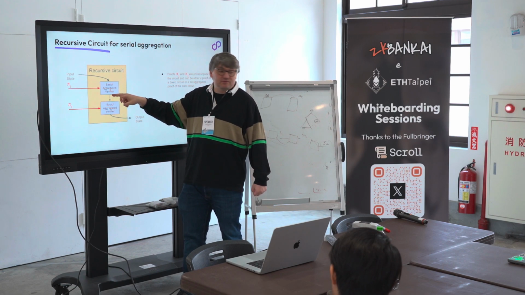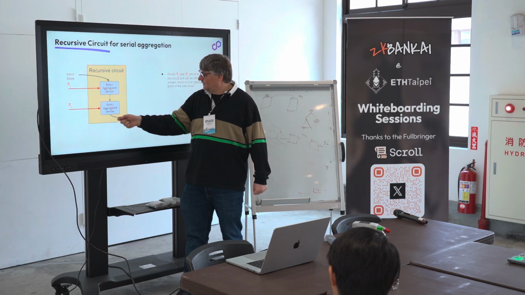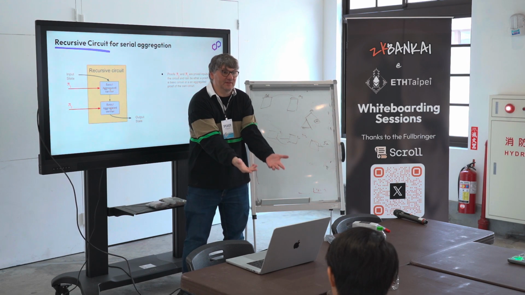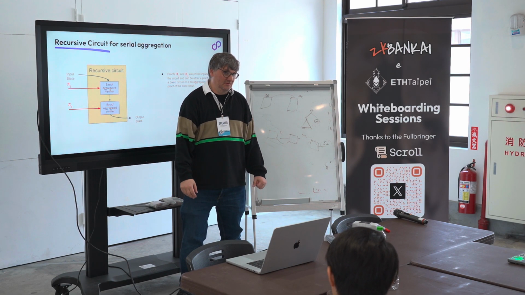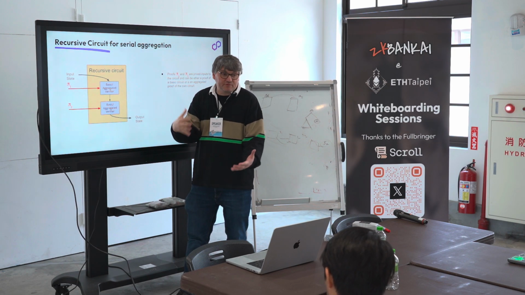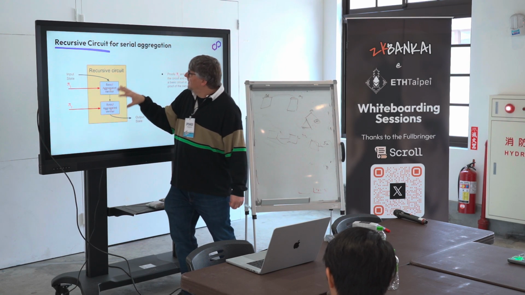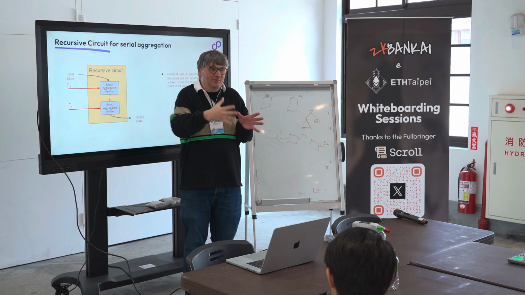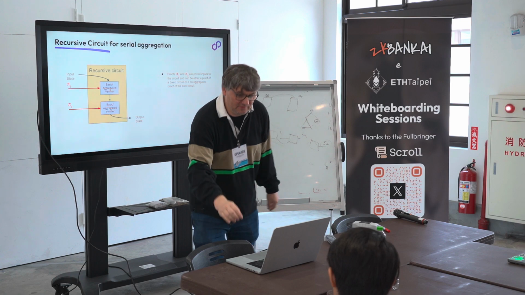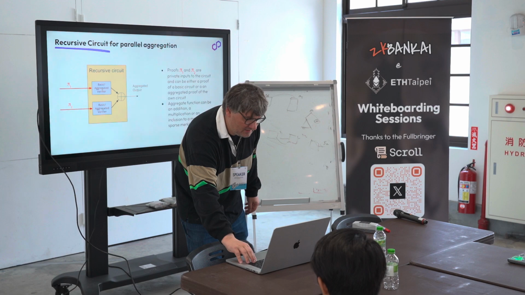The output state of the first part is connected directly to the input state of the next one, and then you get the output state. This is the basic recursive circuit. We call this serial because it goes one after the other. So you prove one batch and then you have this serial one. This would be in parallel.